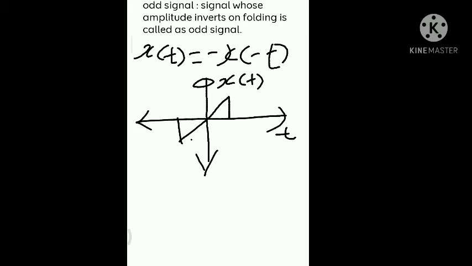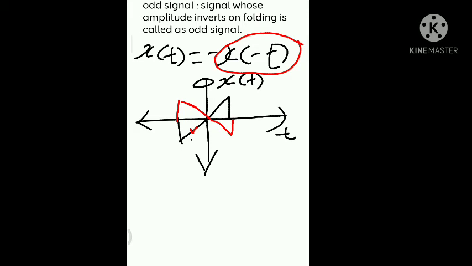First only x(-t), this part. In this waveform only I am going to draw this x(-t). That means the positive part you are going to take on the negative, and the negative part you will take on the positive t-axis. So like this. So this is your x(-t).